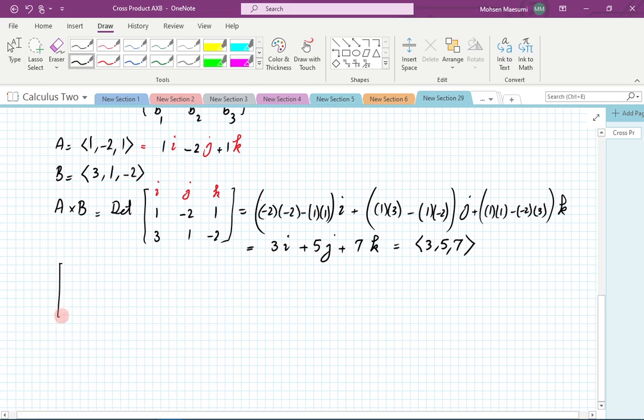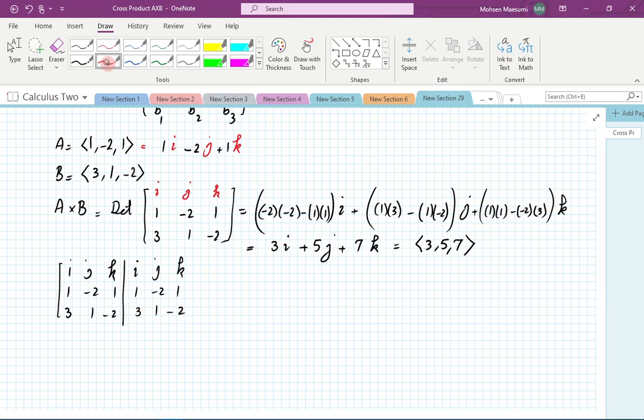So if I have i, j, k, 1, minus 2, 1, 3, 1, minus 2, I just copy it: i, j, k, 1, minus 2, 1, 3, 1, minus 2, and then this one, this one, this one, and so these multiplied by pluses, this multiplied by minuses, and then we threw all in the same bag.